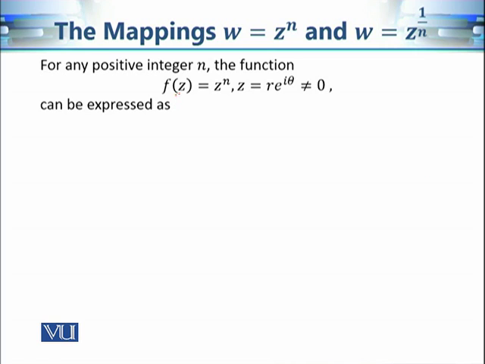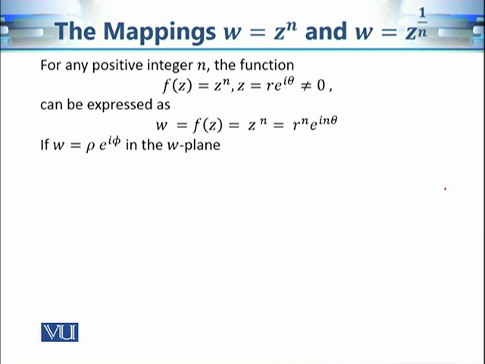And we can evaluate this f by taking z equal to r e raised to power iota theta. So this becomes r e raised to power iota theta, raised to power n, which is equal to r raised to power n e raised to power iota n theta. So that's how we calculate the image.